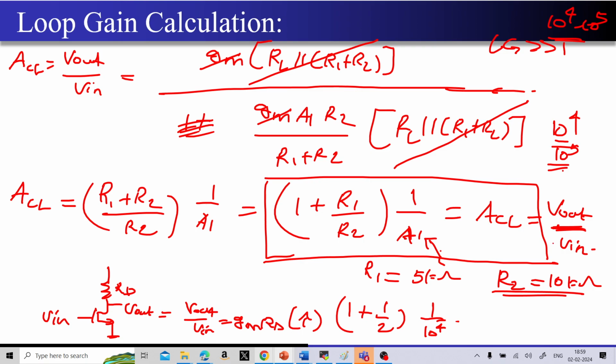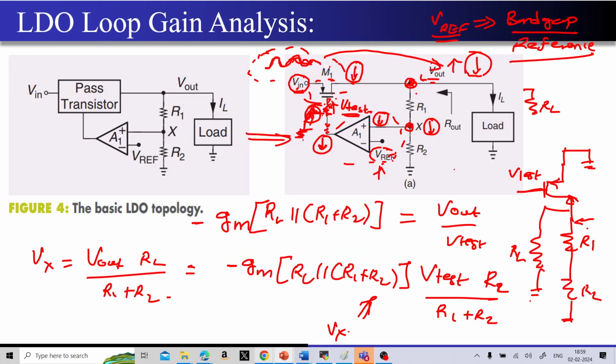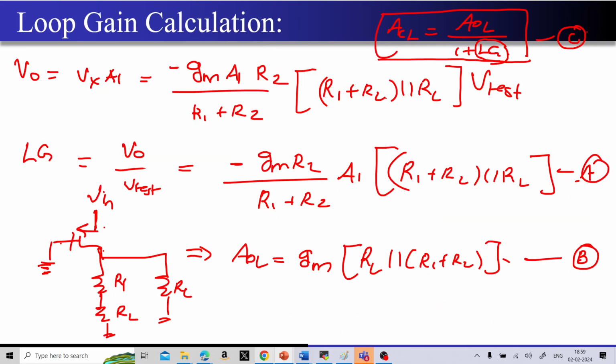And this is the job of the feedback system, to make sure that none of the ripples present on the Vin are going to come back to the node Vout, right? Now, one more thing, if you look at the open loop gain, if we don't have any feedback in the system, then whatever is going to be there on the Vin, this MOSFET will just amplify the ripples with this particular gain, the open loop gain, and it will produce the amplified version of these ripples at the output, right?